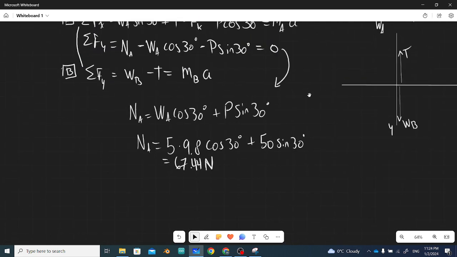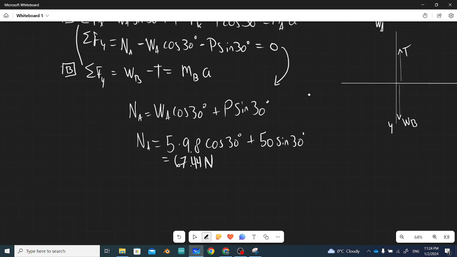So kinetic frictional force, let's write the equation. That's equal to mu k, the coefficient, times the normal force. So this is 0.3 that they gave us, times 67.44 newtons, and that's 20.23 newtons. All right.